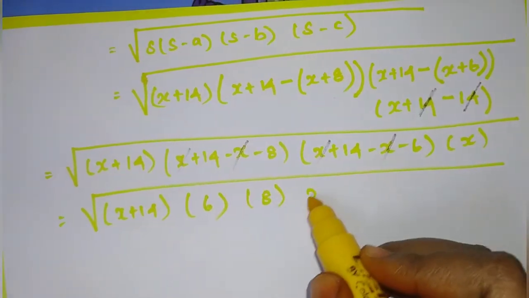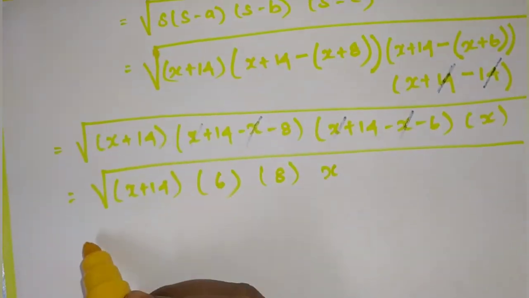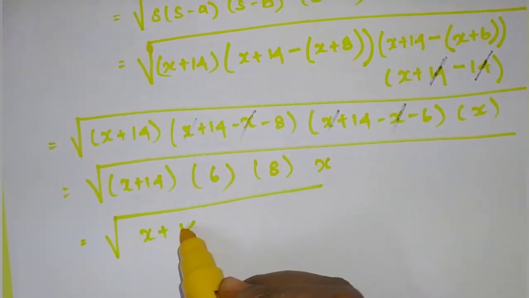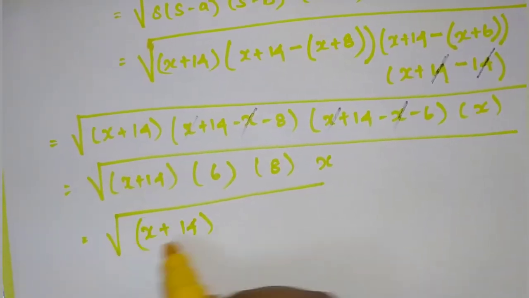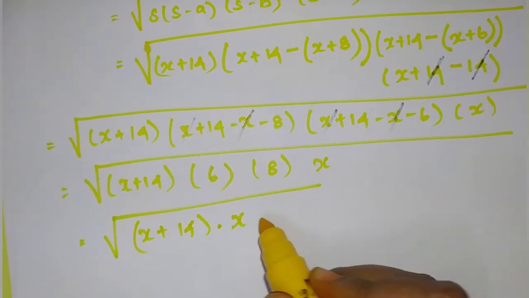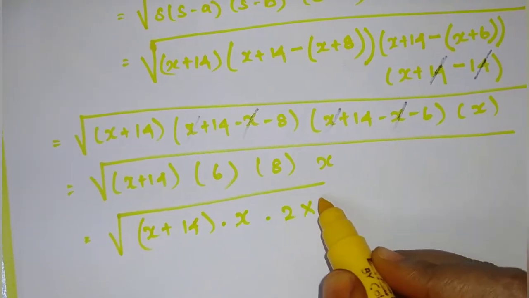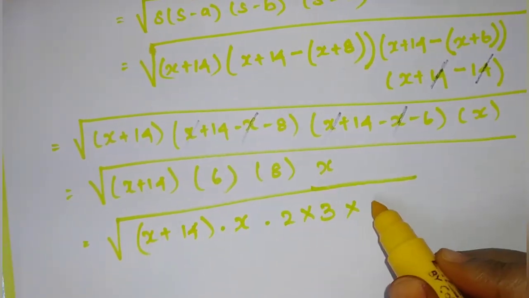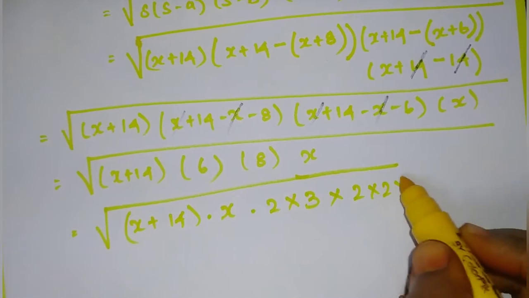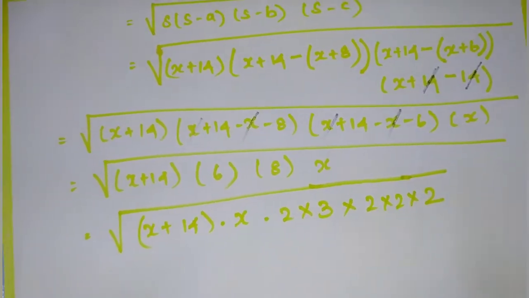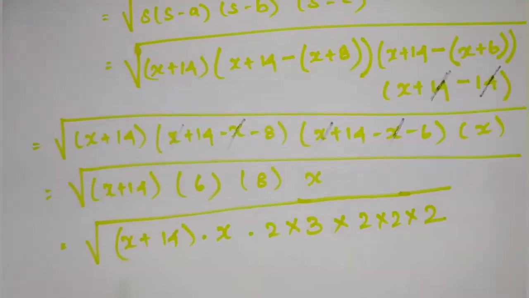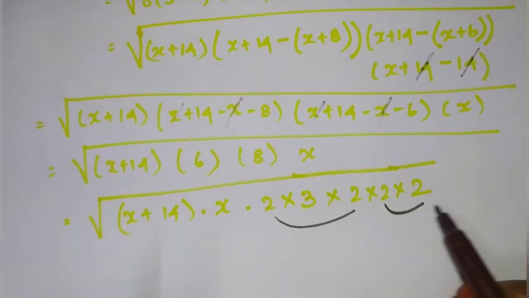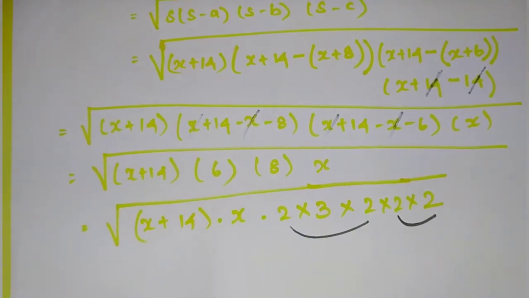8. And x. So 6, how we can separate? x plus 14, and we have x. 6, how we can write? 2 into 3. And 8, how we can write? 2 into 2 into 2. So from these two I'm going to take 1, and from these two I'm going to take 1 outside.